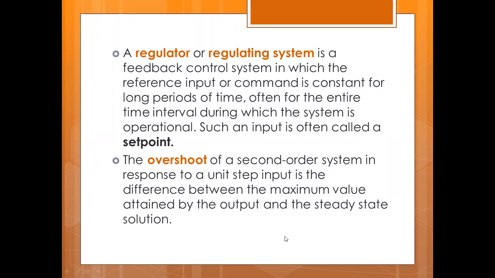This is easily understood if you see the oscillatory nature of the response curve of our second order system. So we speak of the overshoot in layman's terms as how much your output exceeded the steady state response. But another way of defining it is the one that you see in this bullet.